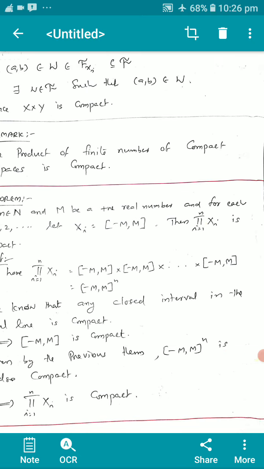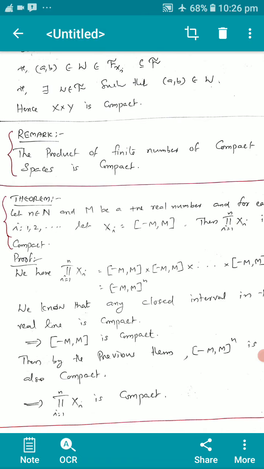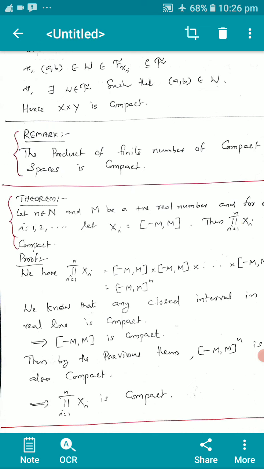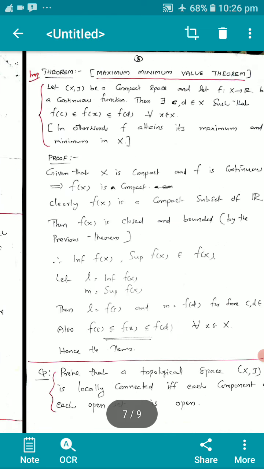We know that any closed interval in the real line is compact. Therefore, the closed interval [-M, M] is compact. Therefore, by the previous theorem, [-M, M]^n is again compact, or the product space ΠX_i is compact.